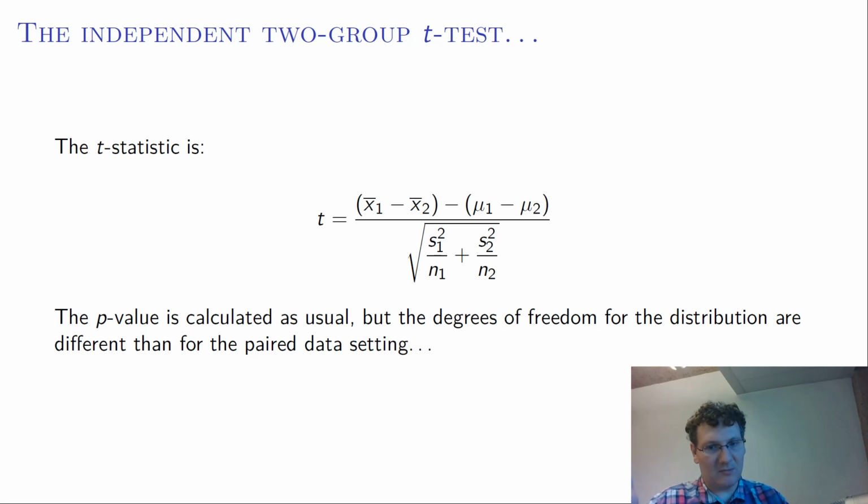In this case, it's going to be 0, because in the null hypothesis we'll assume that there is no difference in population means. And then divided by the thing on the bottom, that's the formula for the standard error. That's the standard deviation of the sampling distribution for this difference of sample means.